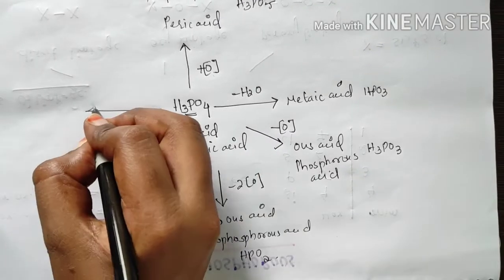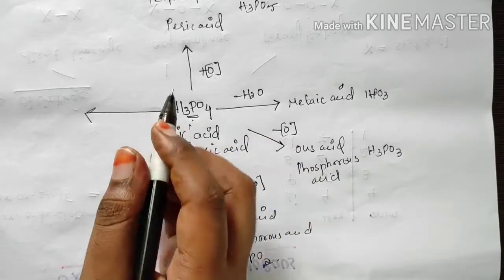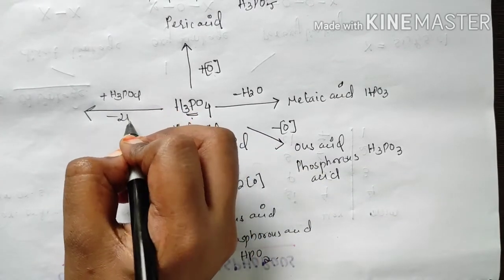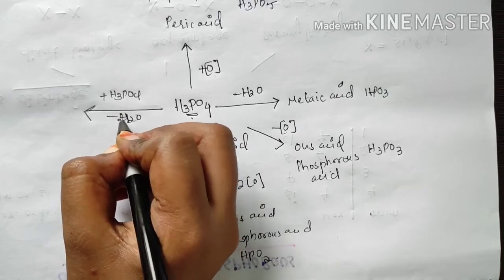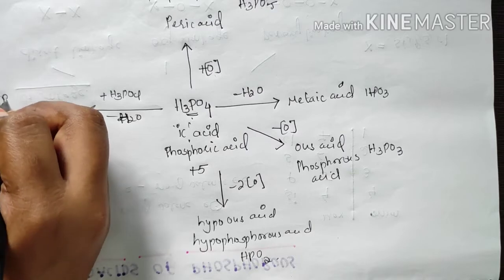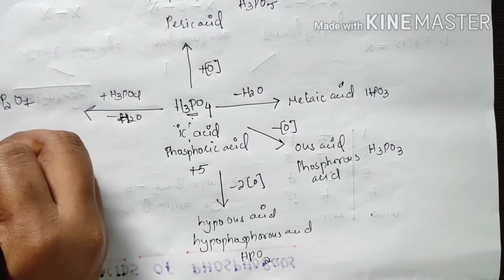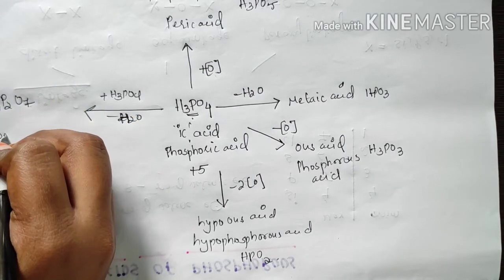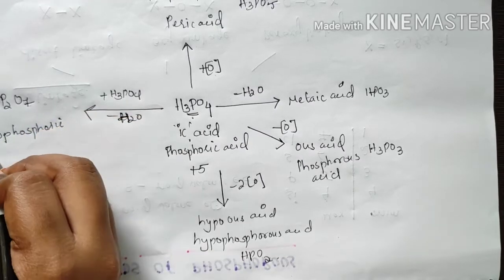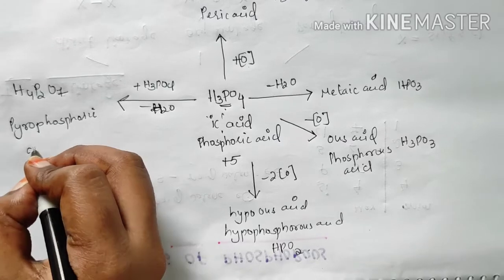And to this ortho acid, when you add another molecule of ortho acid and remove a molecule of water, you will get pyrophosphoric acid.